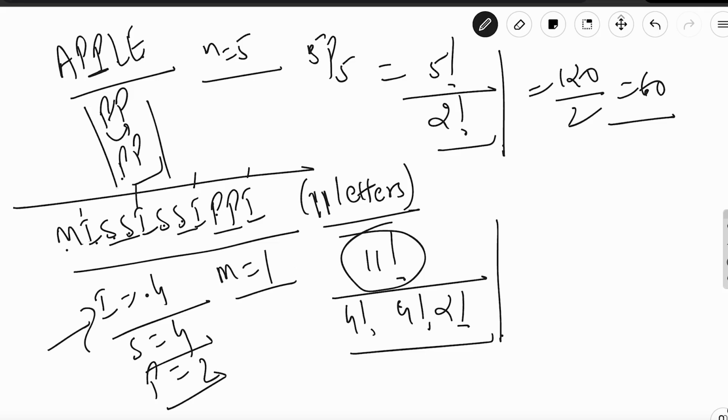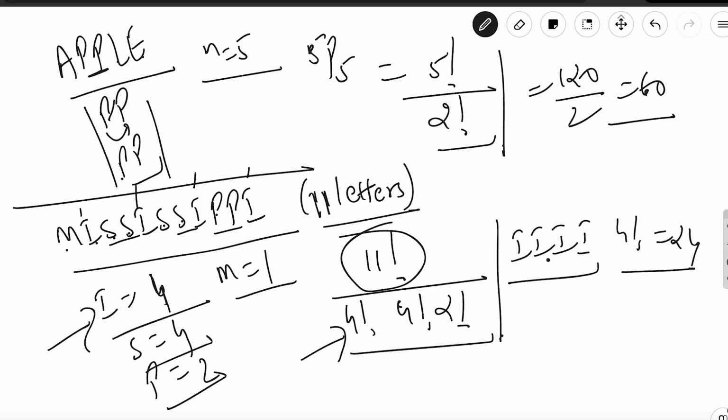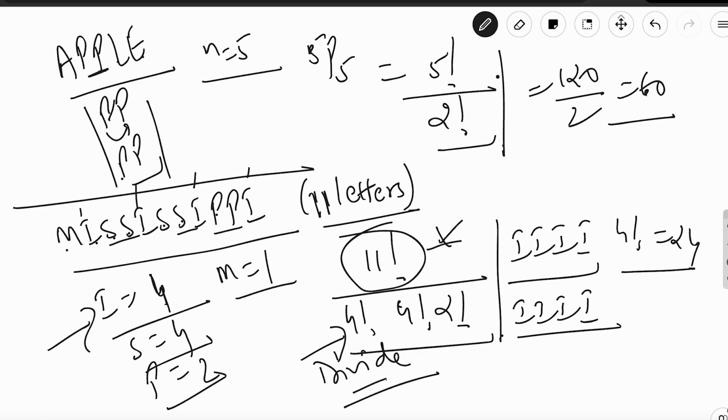We have I occurring 4 times, so we divide by 4 factorial, because again 4 factorial is 24. Even if we make 24 such arrangements, they all will be identical. That's why they are over calculated in 11 factorial. So that's the reason we divide.